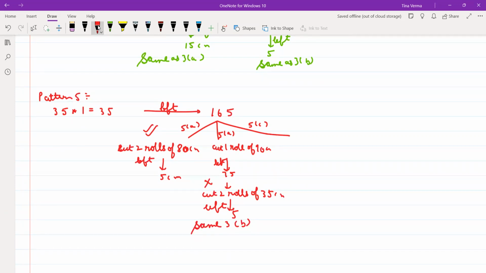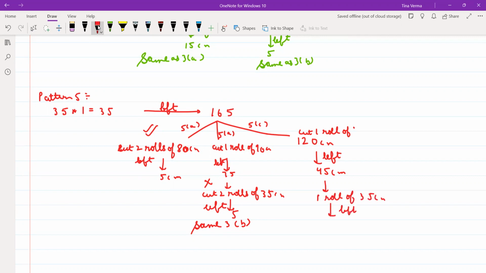The third is from 165, you can cut 1 roll of 120 centimeter. Then you are left with 45 centimeter. So can you waste? So you have to cut 1 roll of 35 centimeter.